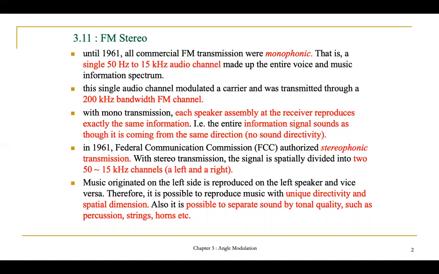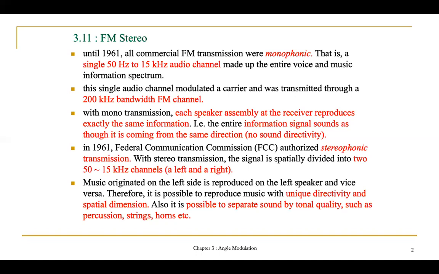However, starting from the year 1961, the Federal Communication Commission (FCC) introduced what we call stereophonic transmission. The difference is that stereophonic uses a 50 Hz to 15 kilohertz channel for each of the left and right audio speakers.